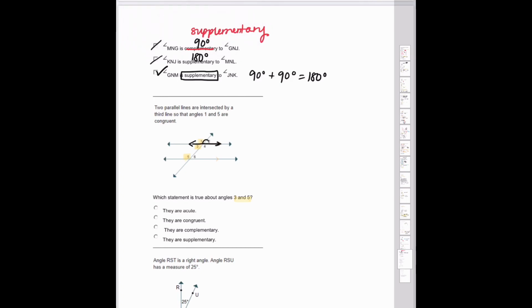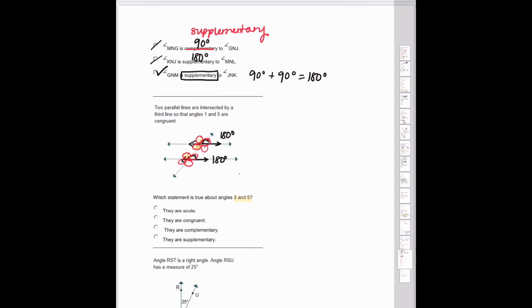Those two angles are linear pairs. They would equal 180 degrees. 5 and 6 are linear pairs. They would equal 180 degrees, right? We know that 3 and 2 are vertical angles, which means this angle with 6 would be a vertical angle. We know that 1 and 4 are vertical angles, and 5 and this angle would be vertical angles.